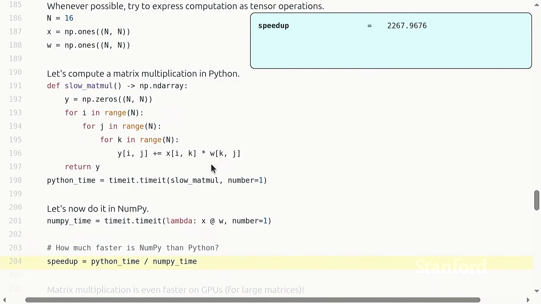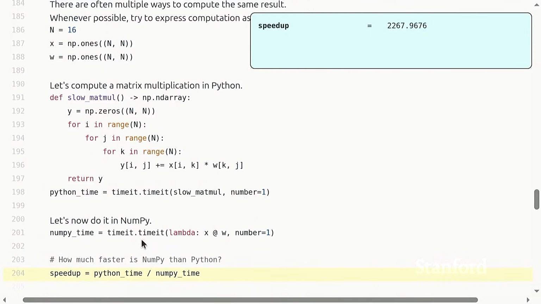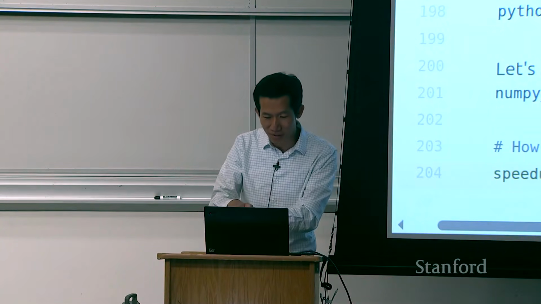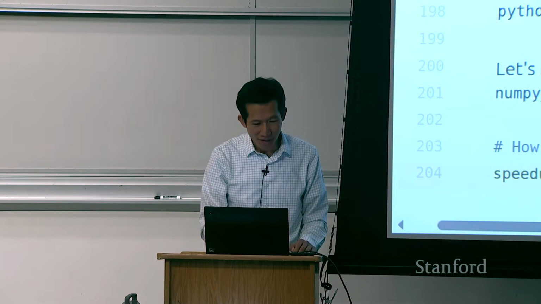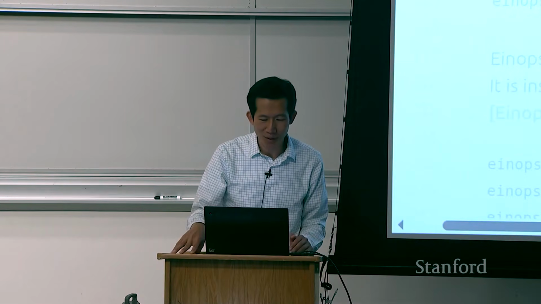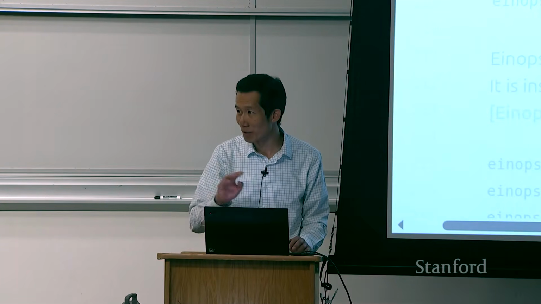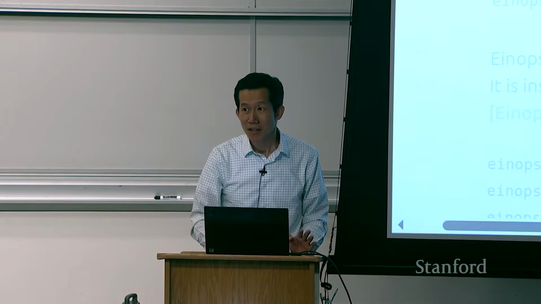It's not really optimized for performance. Whereas NumPy, if it's on CPU, is written in C, and it's also been really optimized. And furthermore, if you were running this on GPUs, you would definitely want to use NumPy because that will give you further acceleration, especially for large matrices.